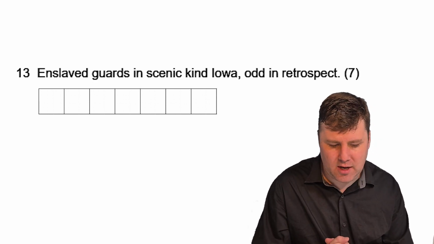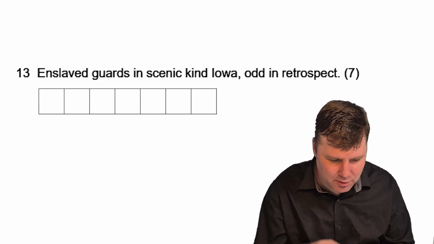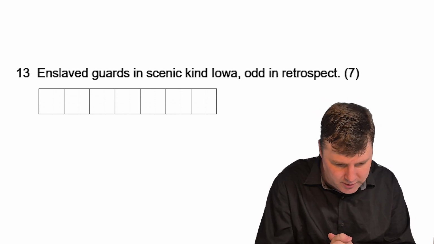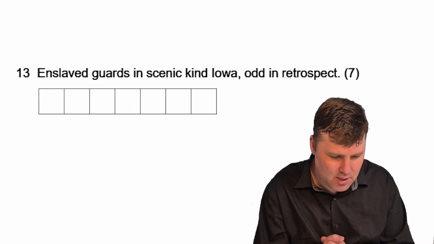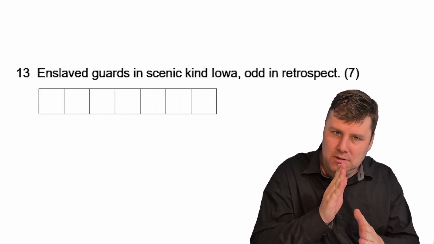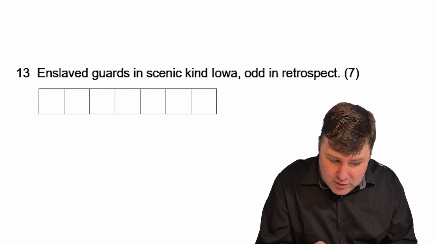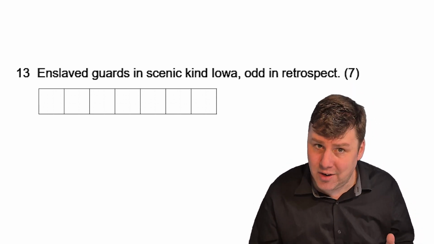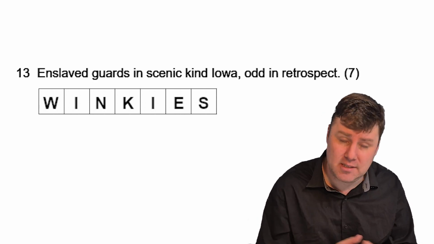In scenic Kind, Iowa suggests that the letters of our answer are in the letters of those words. And we see odd in retrospect. So in retrospect means looking back, and odd, you want to look at every odd numbered letter. So odd in retrospect, in scenic Kind, Iowa, we find Winkies, the 7-letter answer to this clue.